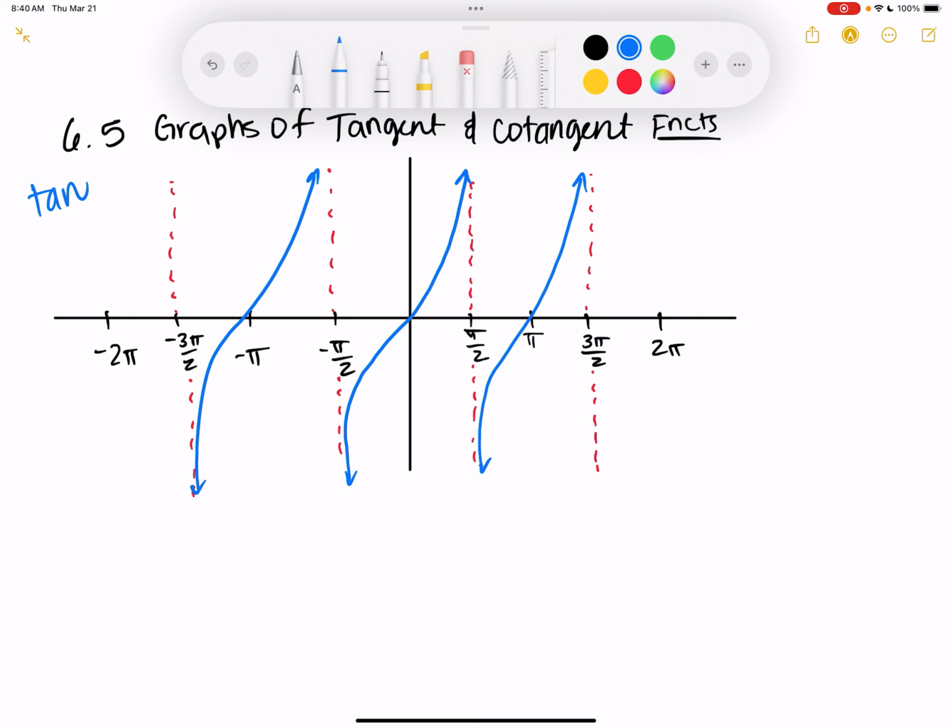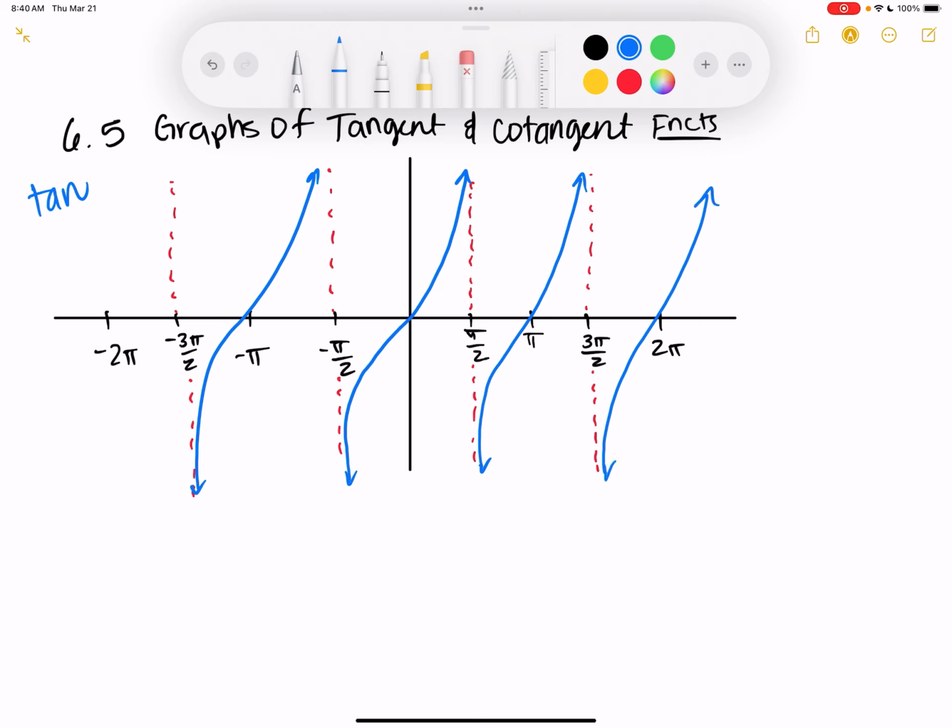And like that. When you're drawing these graphs, when I'm grading them, what I'm going to be looking for is that you have the asymptotes in the right place, okay, with dotted lines, and that your tangent graphs have this shape here, but specifically that they're going through these points of increments of pi, okay? If I kept going, then my graph would continue going through 2 pi and so on and so forth.